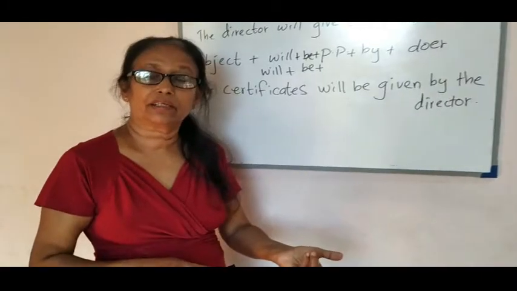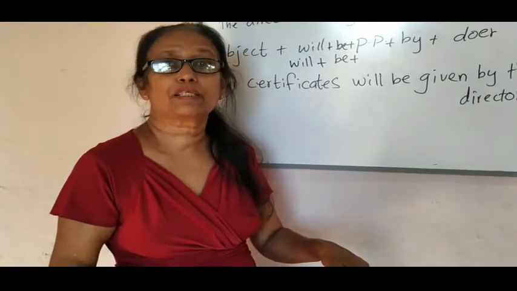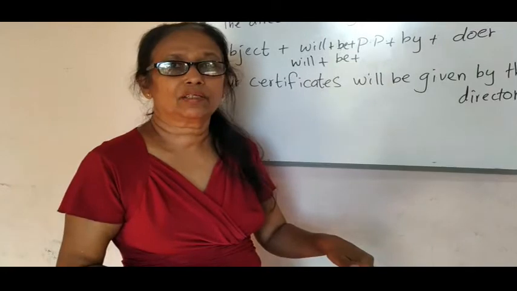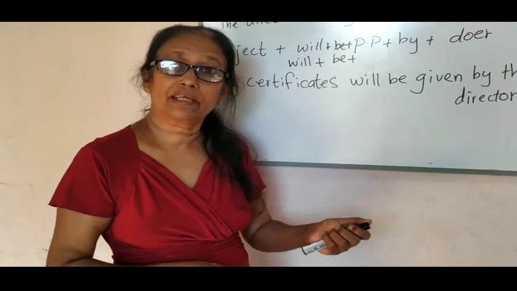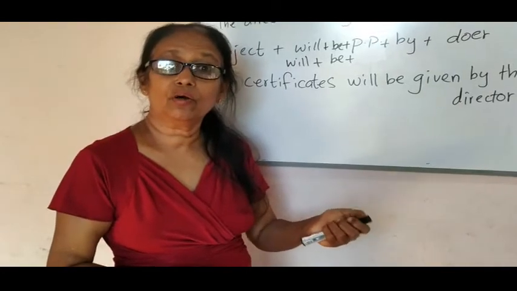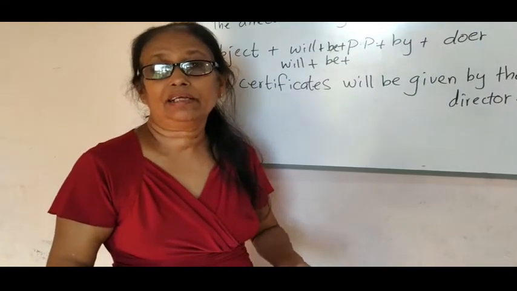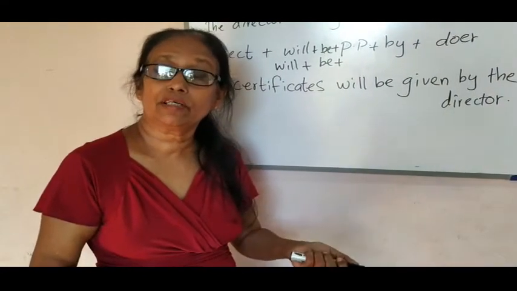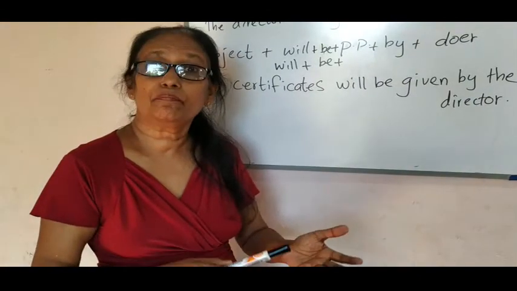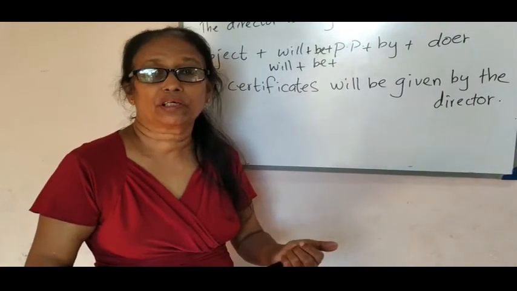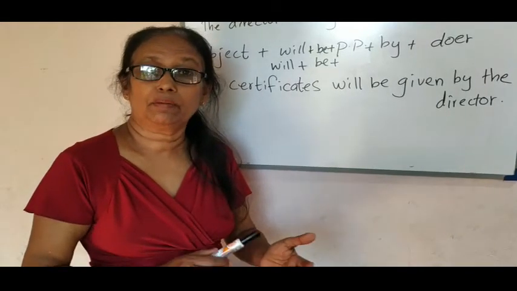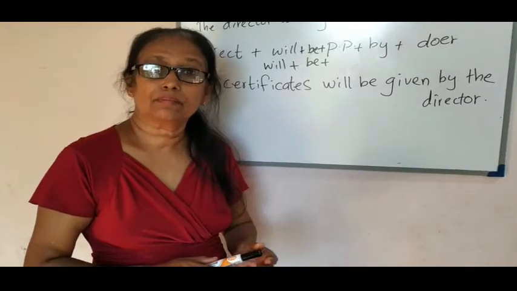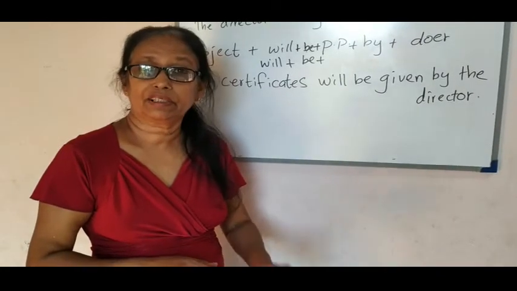Go to the internet and find past participle, then very easy to form. Then mark whether the object is singular or plural, right? Then mark whether the verb is present, past or future. Very simple. If you keep them in your memory, very simple. That is not a difficult lesson.